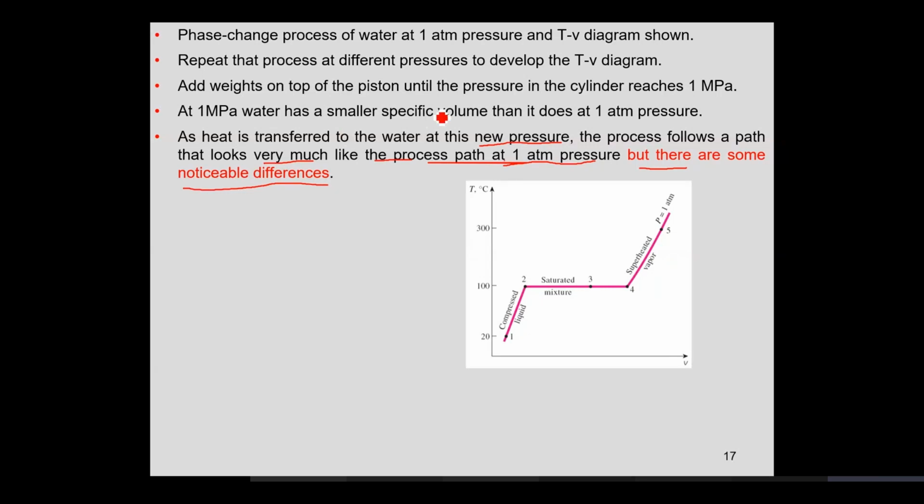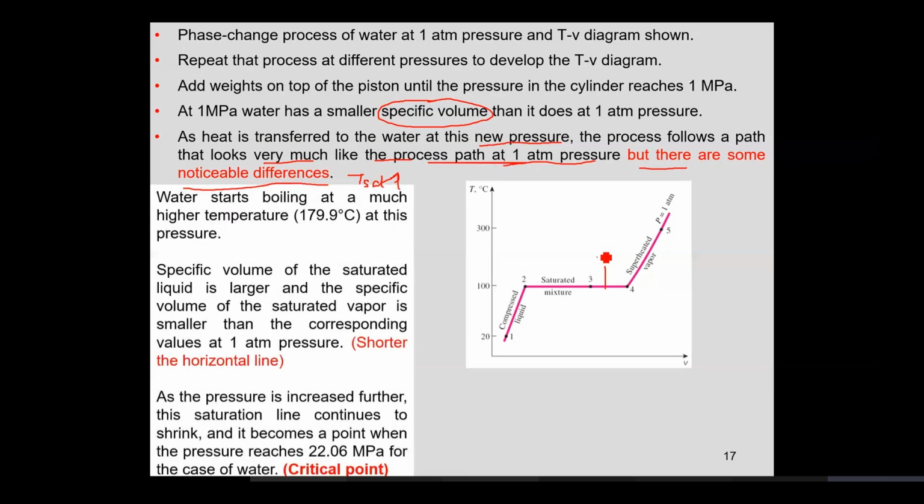One, you have already seen that the specific volume at state 1 would be less. The other is that the saturation temperature, T saturation, would be higher. That means this line would move upwards.